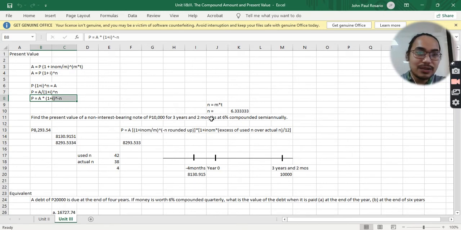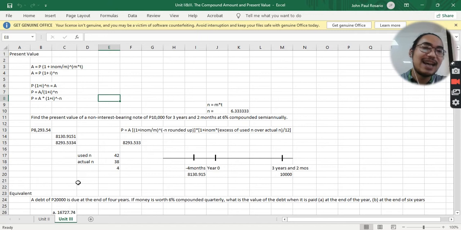Okay, so just to give us a little bit of recall before we go to our fractional period of time, let's think about the present value. There are instances where, for example, as a person, you have a goal of having 100,000 by the end of 5 years.